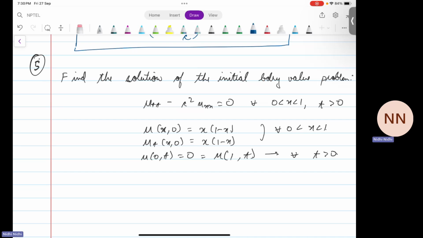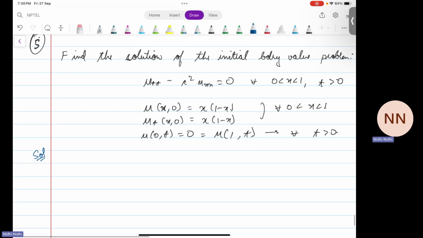start solving this, because again we will start with taking u(x,t) to be X(x)T(t).